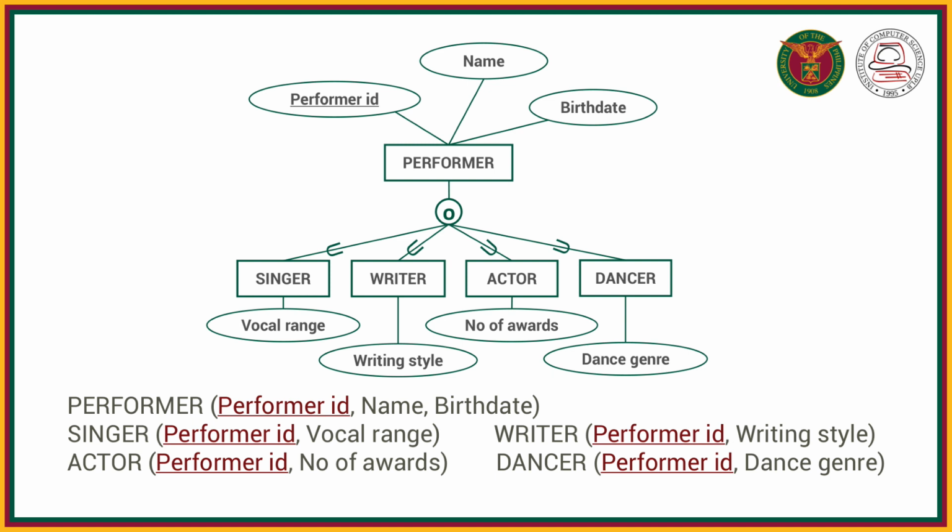So we have singer, actor, writer, and dancer. As you may notice, we put a primary key similar to the superclass, and alongside that, we also included the specific attributes for each subclass. So this is one method. This is applicable again for total or partial and disjoint or overlapping, so basically any type of specialization.